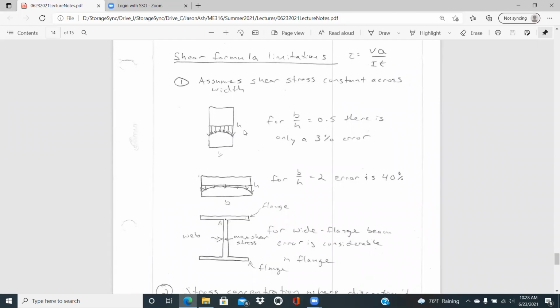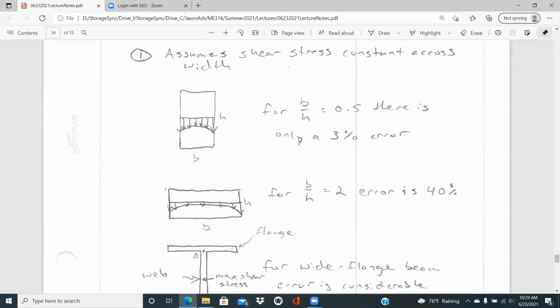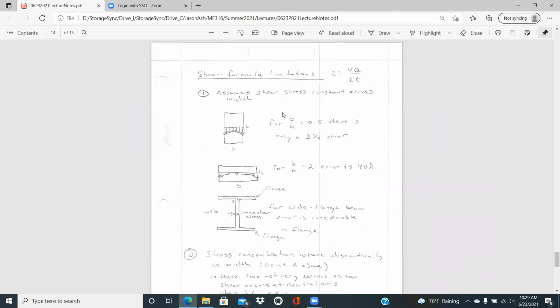But when you're dealing with a beam that has a height much greater than the base, so base over height is 0.5, height is twice as tall as the base is wide, there's only about a 3% error between the tau that you calculate with the shear formula versus the maximum shear stress that you find.